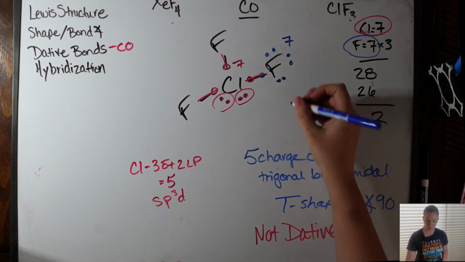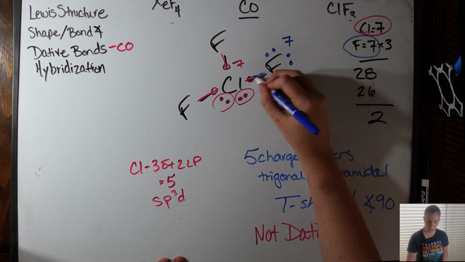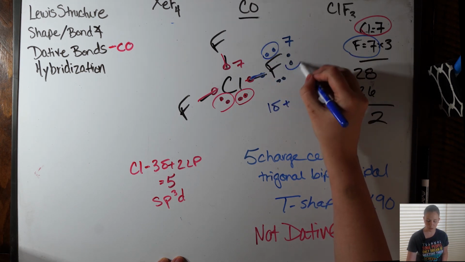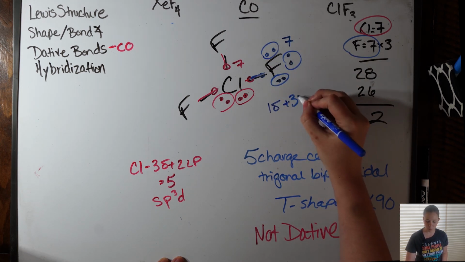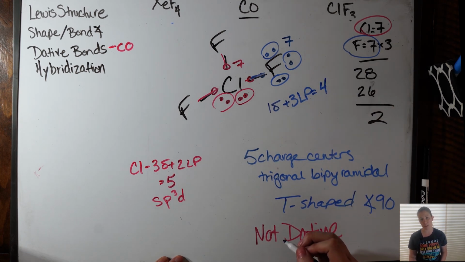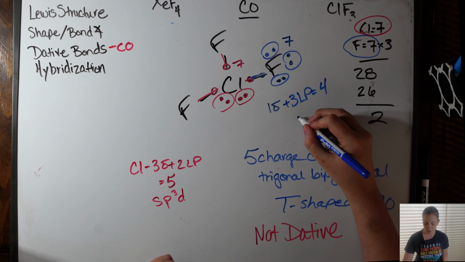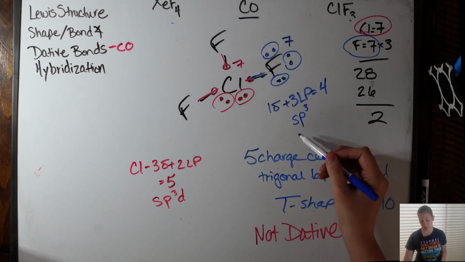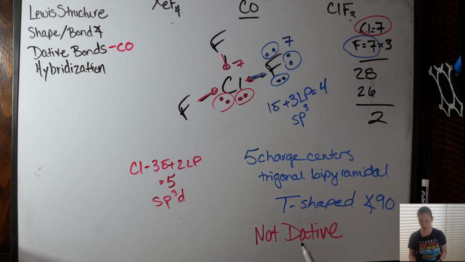Looking at the fluorine, it has just the one sigma bond, but it also has 1, 2, 3 lone pairs for a total of 4 orbitals that I need to become degenerate. So you'll have one S, all 3 P's, and that will total the 4. You don't need any D this time.